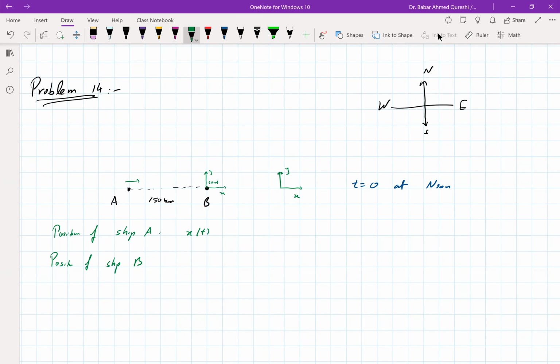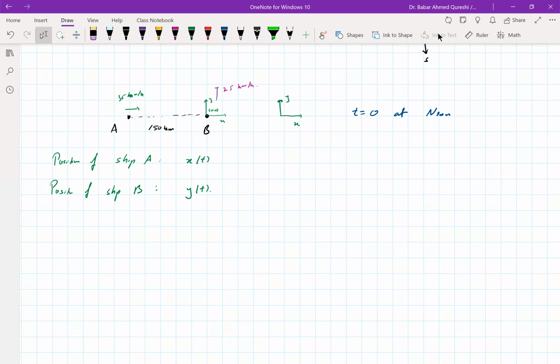So this is moving this way and ship B is moving this way. And this is 35 kilometers per hour. And this is 25 kilometers per hour. So I call the position of ship B y of t.